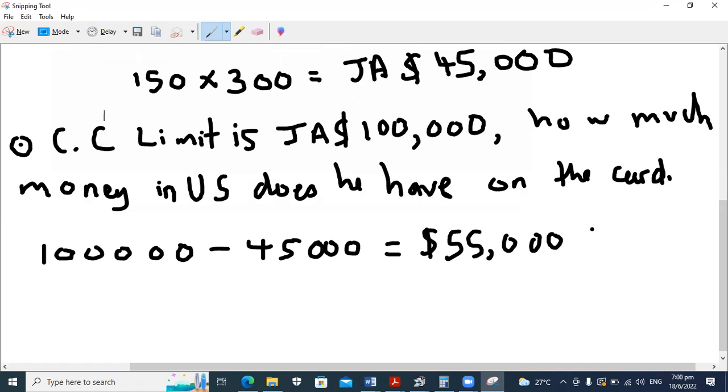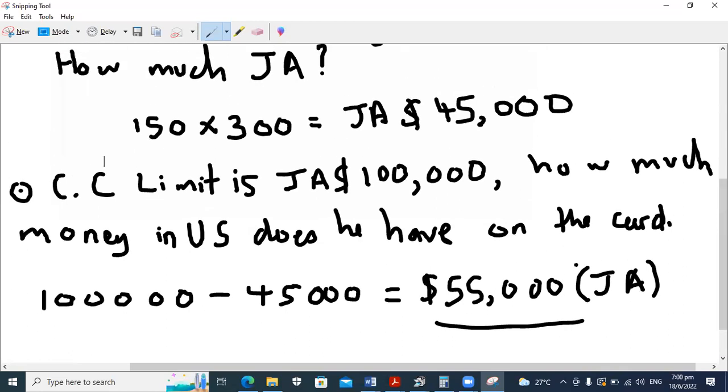And this money is in what? Jamaican dollars. So if I want this in US, what do I have to do? Divide it by 150.